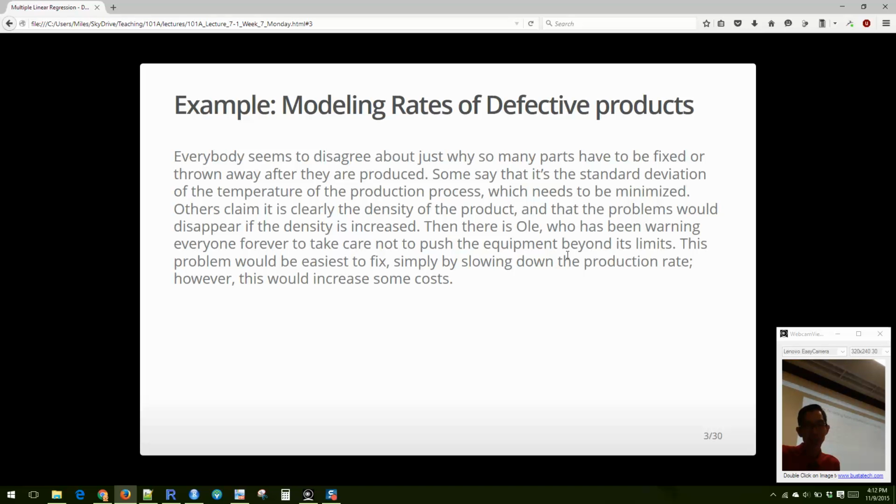Someone else says if we get a handle on the density, the defective rates will go away, or if we just reduce the rate of production, that will fix our problems. So we want to explore what all of this could mean.